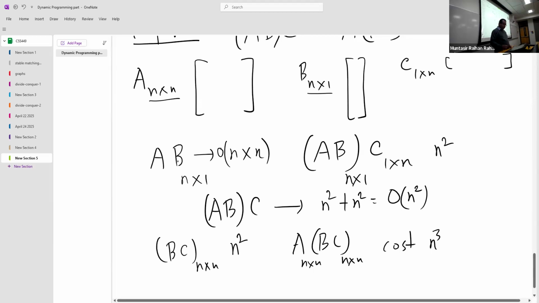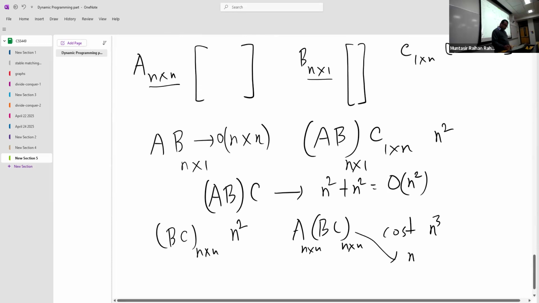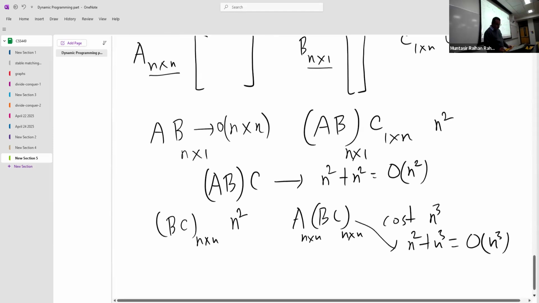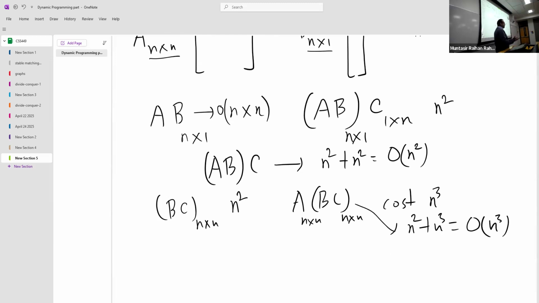That's a bummer. So the total cost for this is n squared plus n cubed, equal to order of n cubed. So the order matters. That's why we need to figure out the order in which we multiply the matrices. That's why it's a dynamic programming problem, where we need to figure out the best way to order the matrix multiplications.